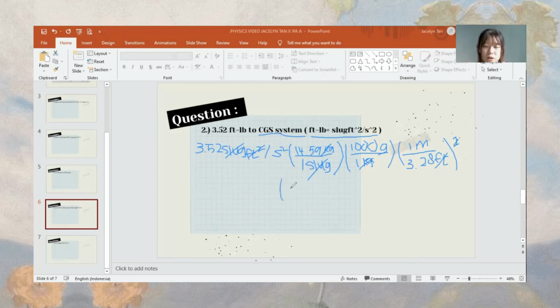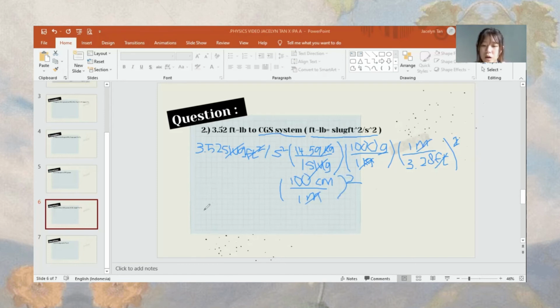Meter, we need to change it to centimeter. So 1 meter equals 100 centimeter. So we can cancel the meter, and this is squared. So we just need to multiply 3.52 times 14.59 times 1000 times 100 divided by 3.28.